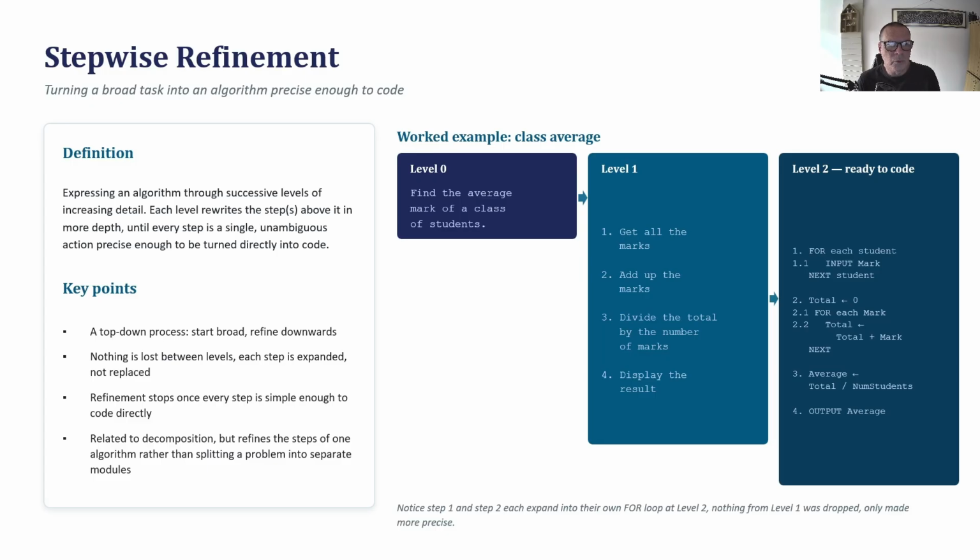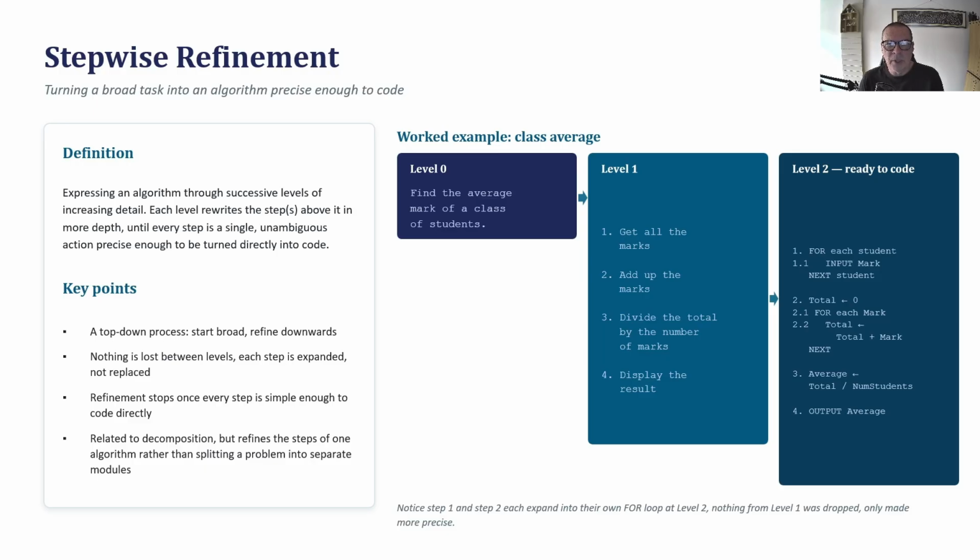We start broad, we start very basic, and then we refine it further and further. Nothing's lost between the levels, each step is just expanded, not replaced, and refinement stops once every step is simple enough to code directly. It is related to decomposition, but it's refining the steps of one algorithm rather than splitting a problem into separate modules.